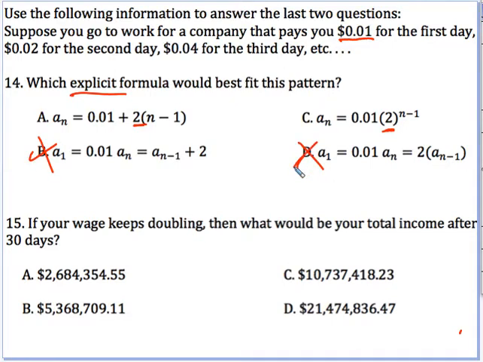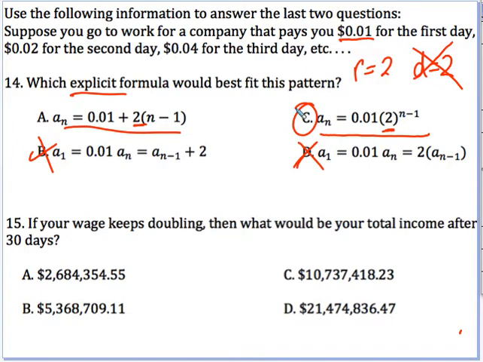Those are recursive, not explicit. And now I need to know, is it geometric or arithmetic? Well, this is arithmetic, this is geometric, and in this case, my rate is not my common difference of 2, okay? I'm not adding 2 each time, I'm multiplying by 2 each time. So my correct answer is C.